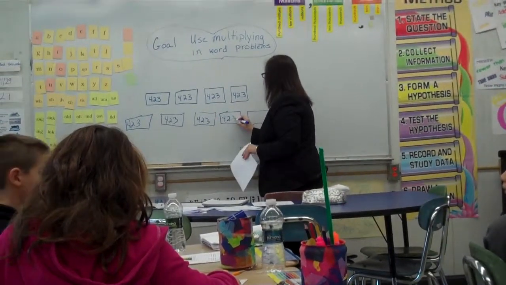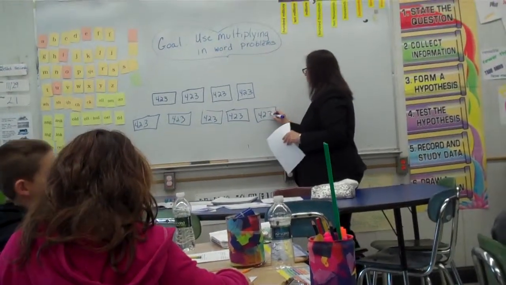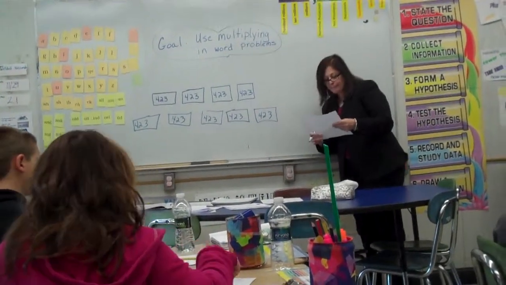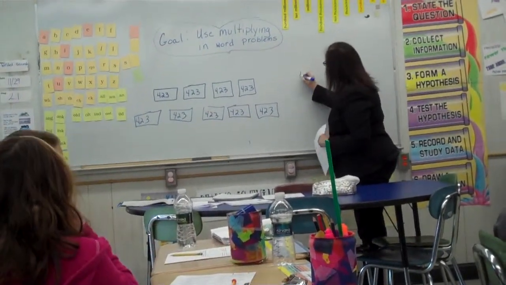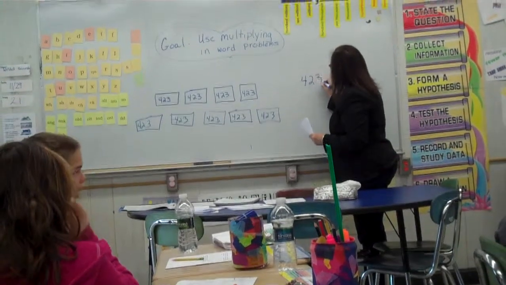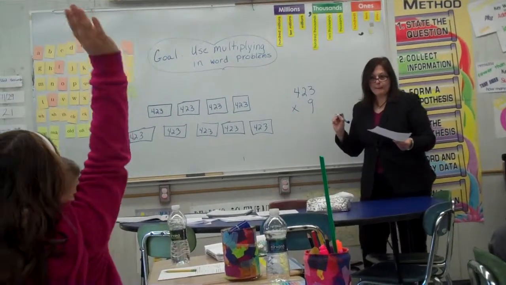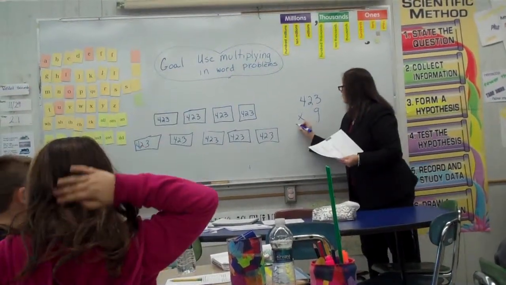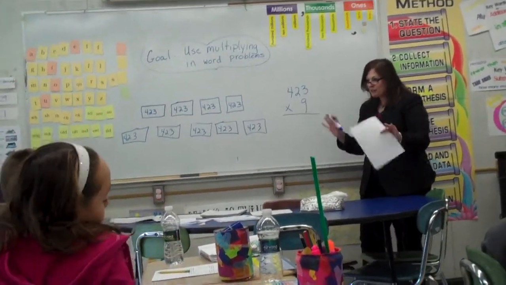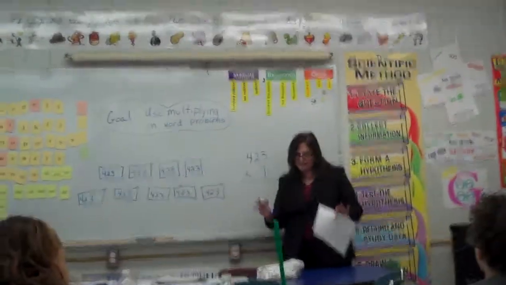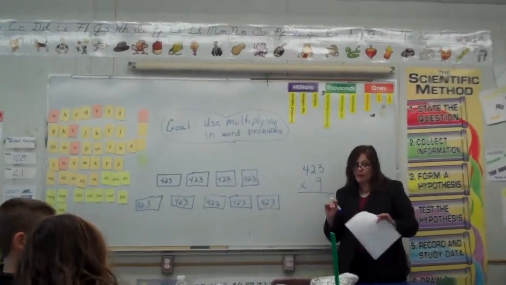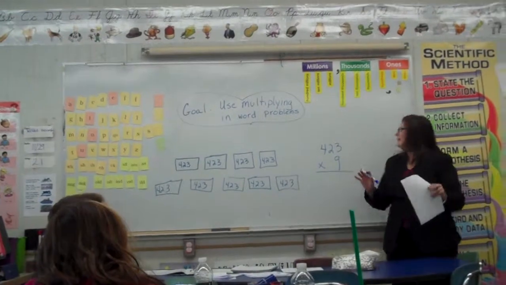All right, so what's my problem? How am I going to set this up, Sebastian? Help me out. 423 times 9. Beautiful. Who can help me out? Lewis. I know some of you aren't to the 9 times tables yet, but let's try to work together and figure this out.